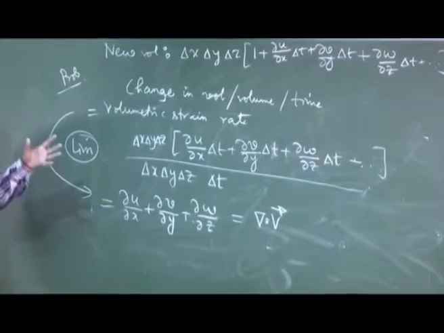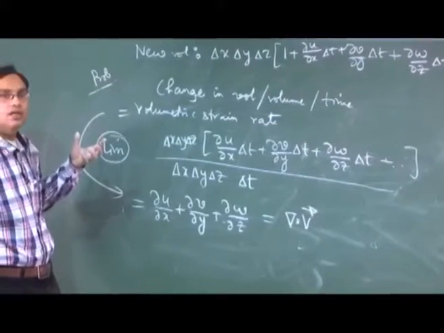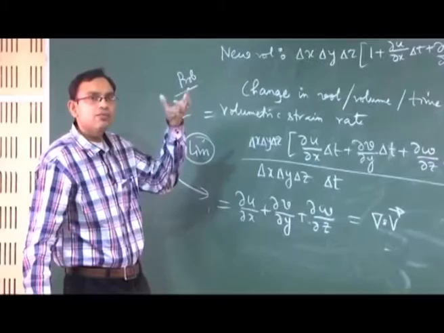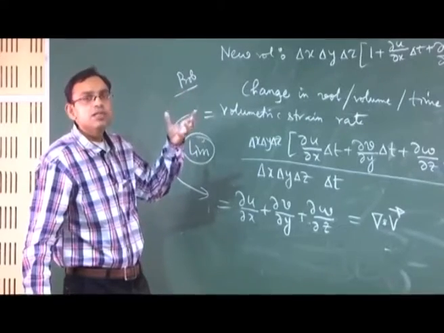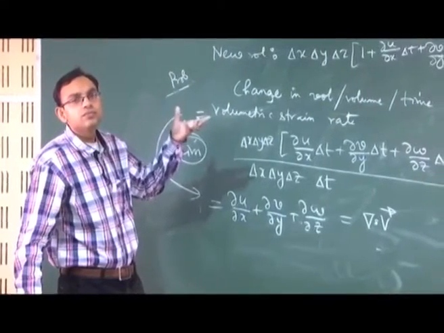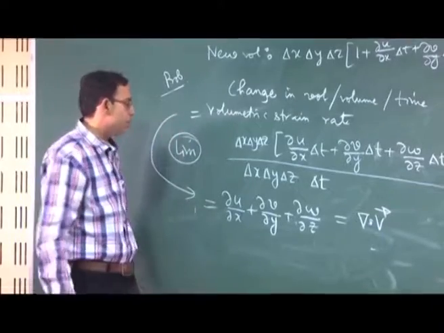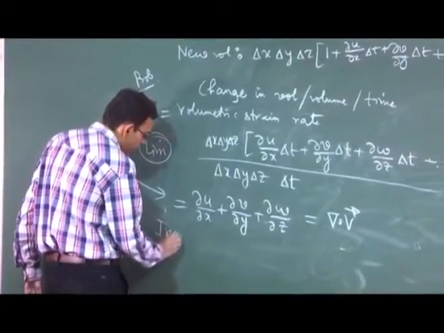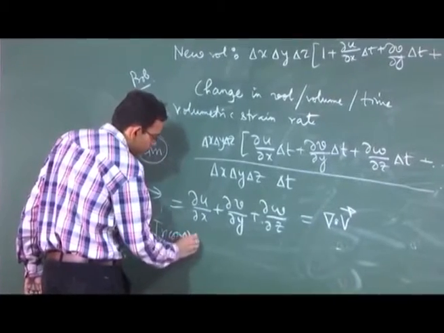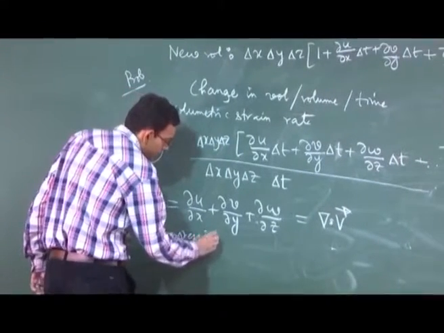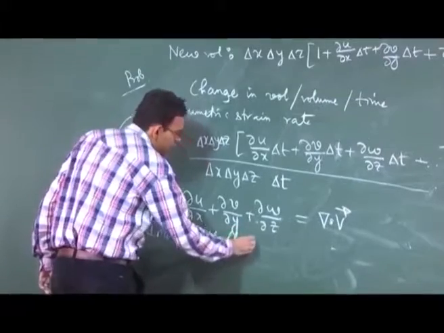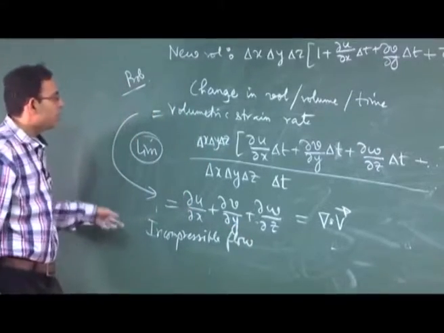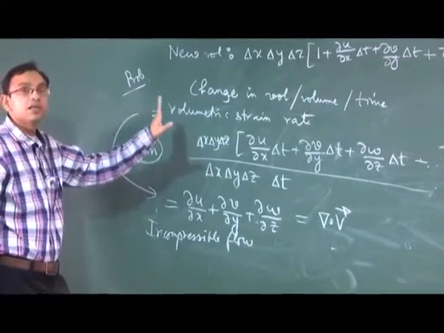Now, there is a special physical situation when you have a volume element which is not changing in volume, and such a situation is called incompressible flow. So, incompressible flow is a kinematic definition where there is no volumetric strain.